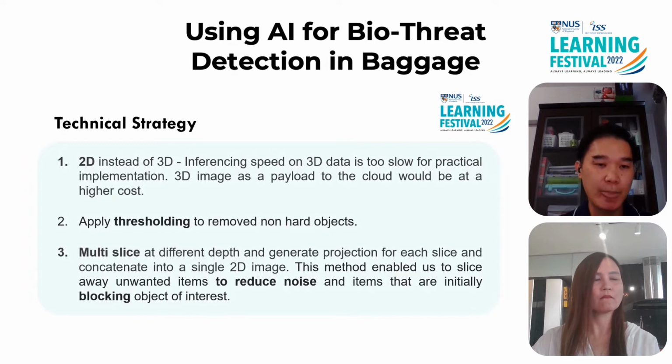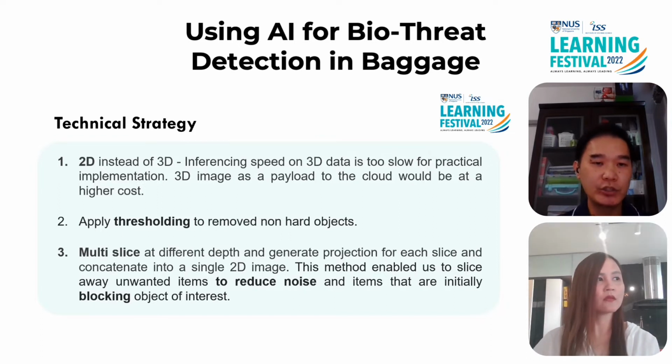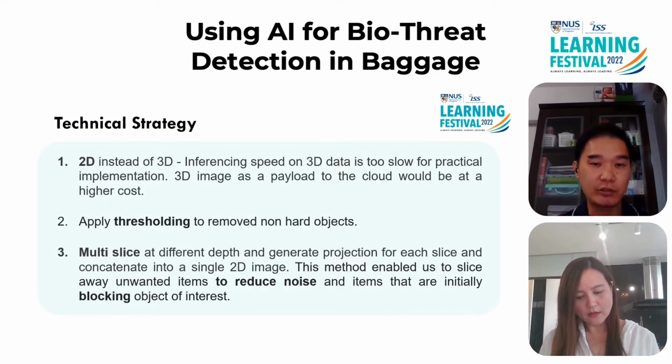The next thing we did was to apply thresholding to the NumPy array to remove non-hard objects. Visually, imagine a 3D image that is converted to a 3D NumPy array with only one channel, or black and white. How are the values in the NumPy array represented with respect to the objects?